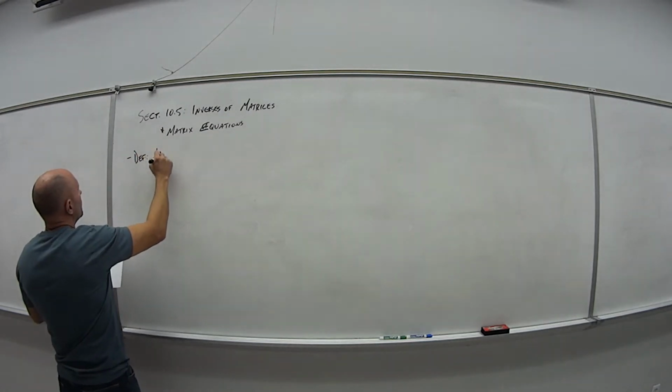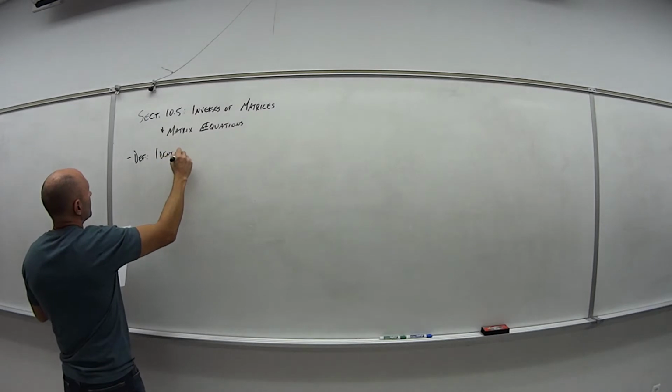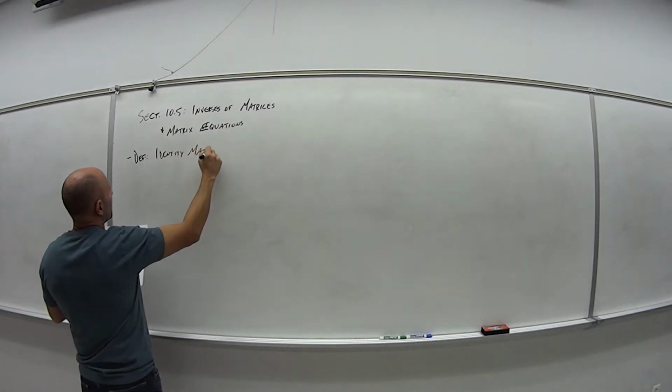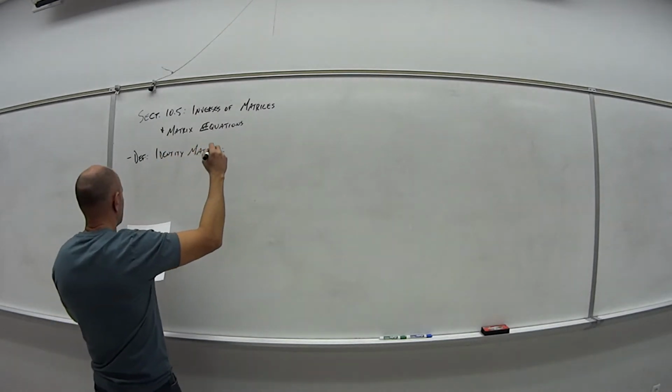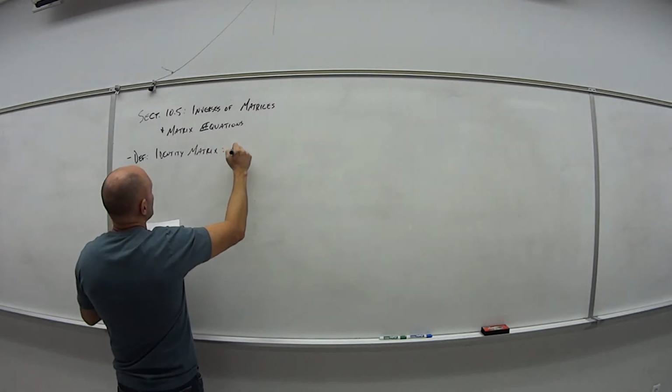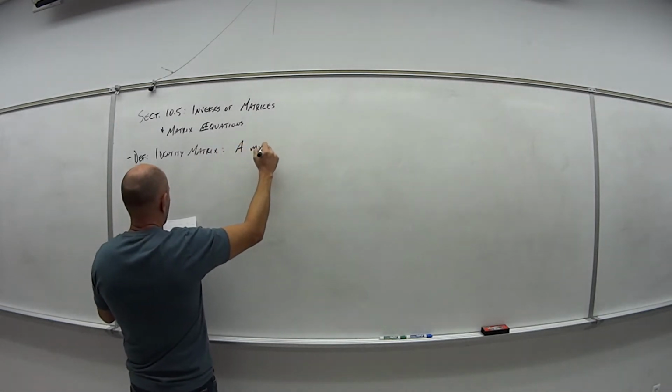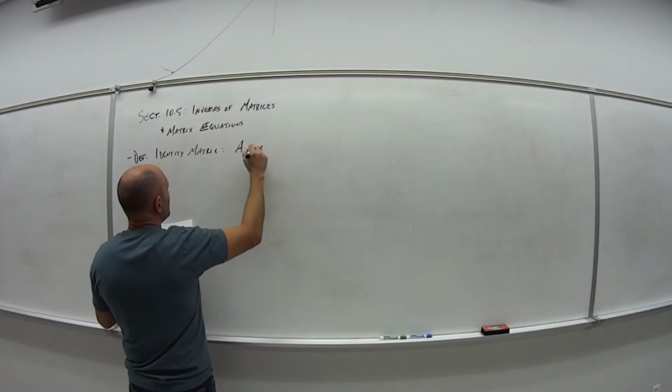I want to know, what is my identity matrix? The identity matrix is as follows. This is an n by n matrix.